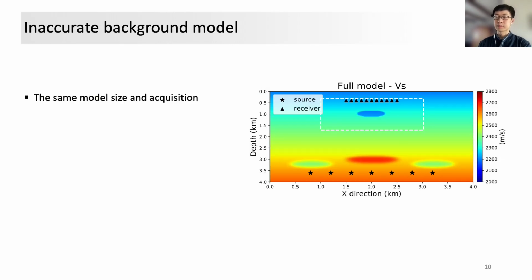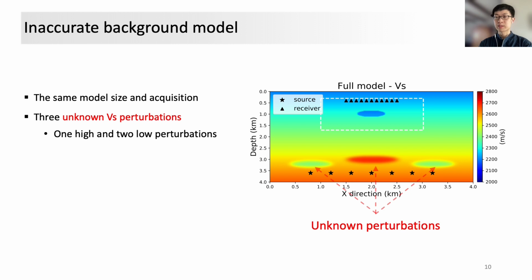In the second experiment, we keep the same model size and acquisition geometries. Besides the real perturbation within the dashed square, we add 3 unknown S-wave perturbations indicated by the arrows. These unknown perturbations do not exist during the first full model simulation.